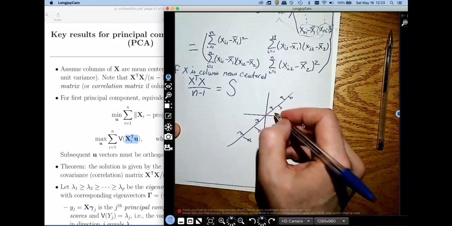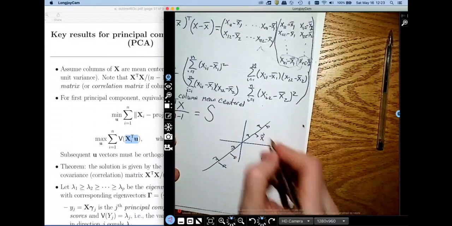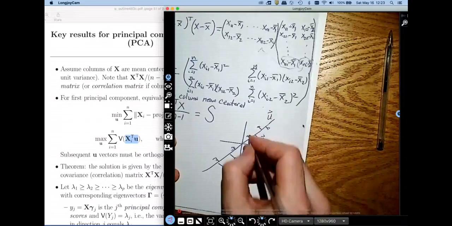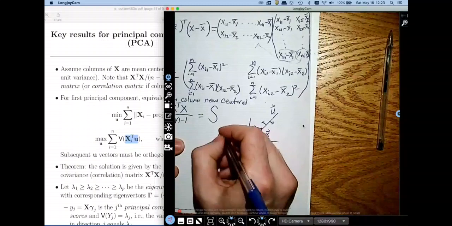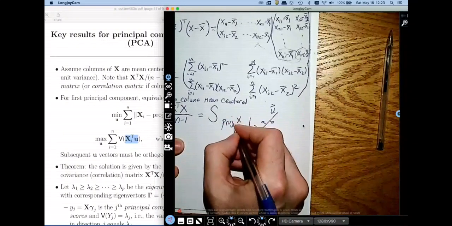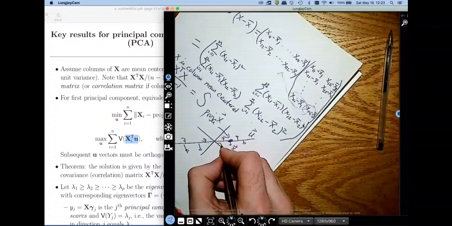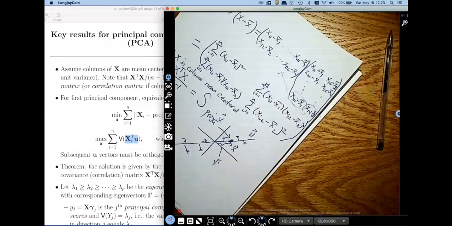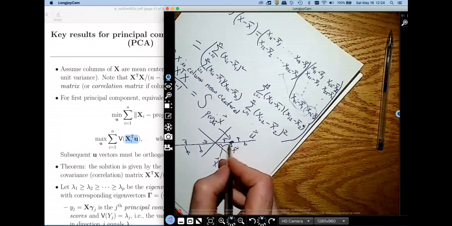So if this is my x, remember that's a vector x, and this is my u vector, this is going to be the projection of x onto u. And this length right here is x transpose times u. So x transpose u gives us that length.